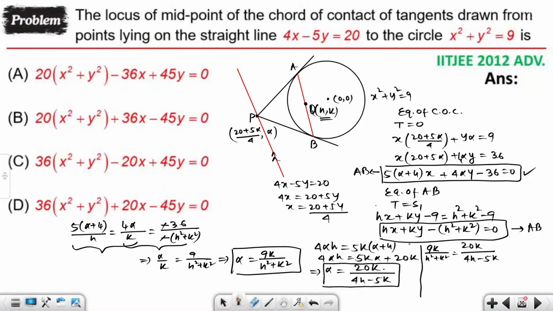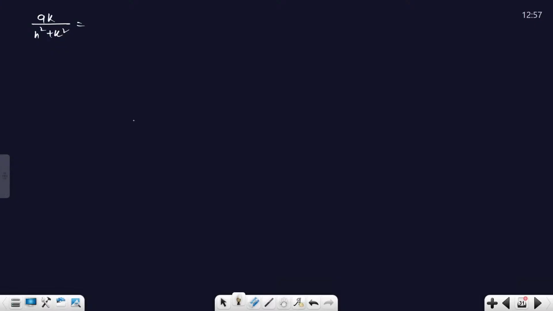9k over h square plus k square, which is equal to, let me just copy the sum once again, 9k over h square plus k square equals 20k over 4h minus 5k.